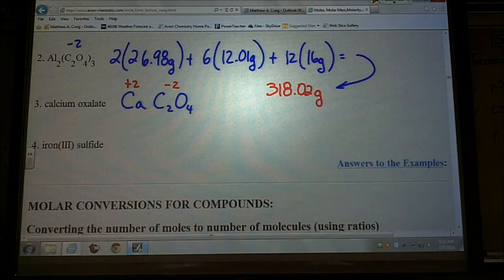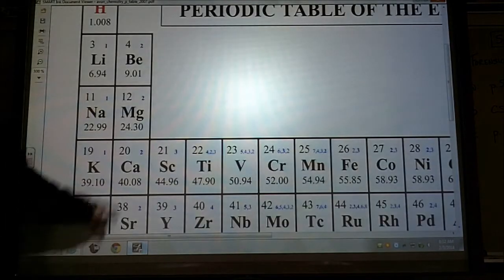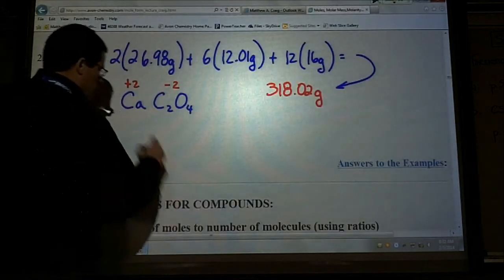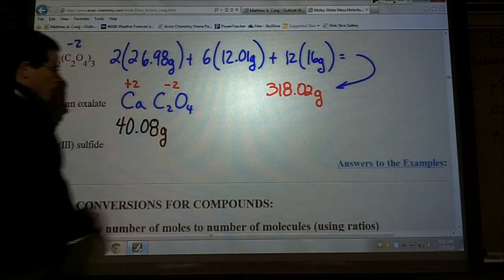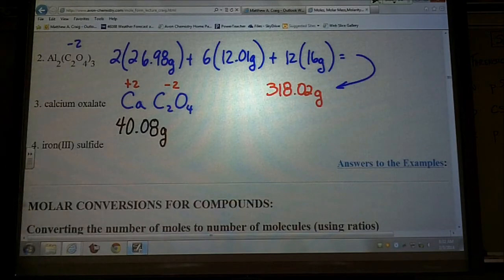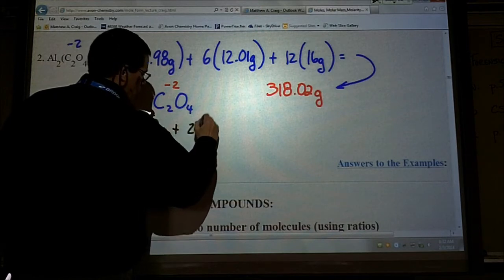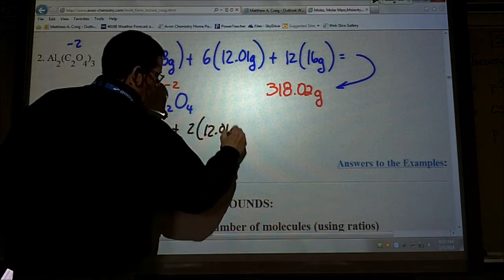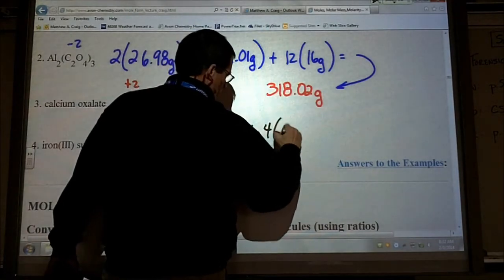That's why I said make sure you know how to do all this fun stuff. So calcium, 40.08. How many calciums do we have? One. How many carbons do we have? 2. How many oxygen? 4.